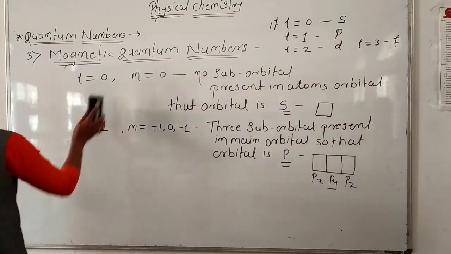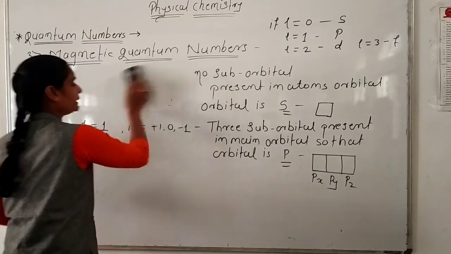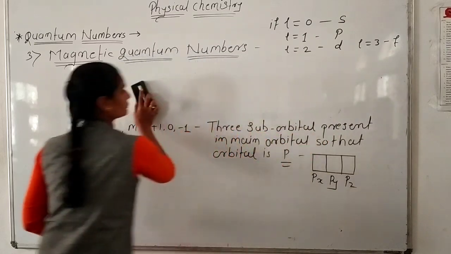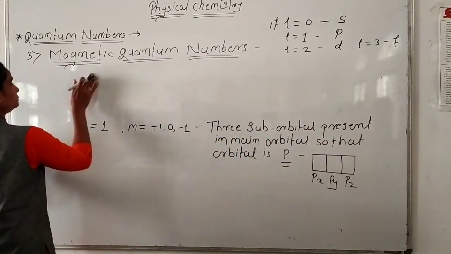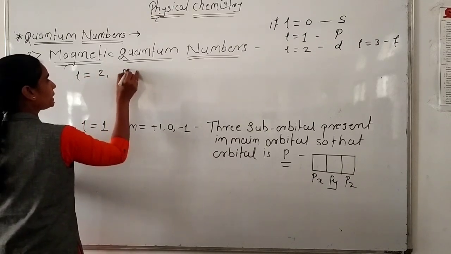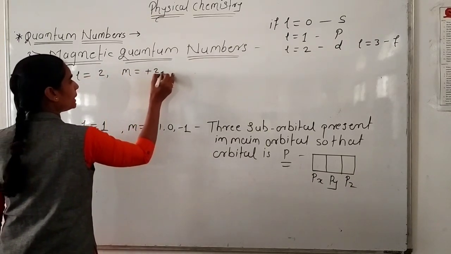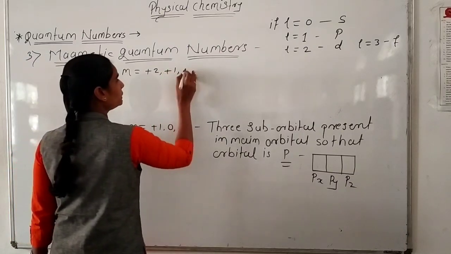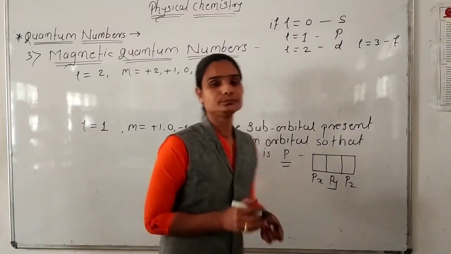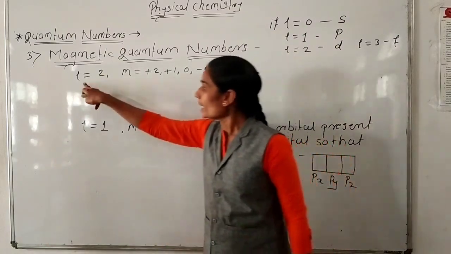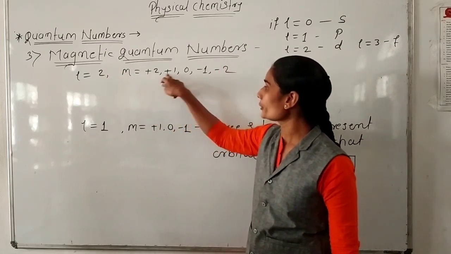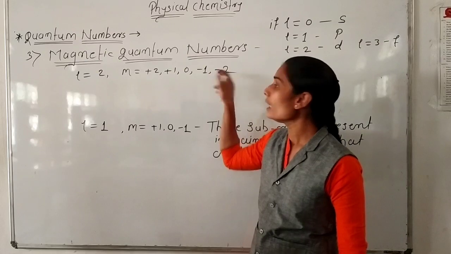magnetic quantum number. Now next, when L is equal to 2, at that time m is equal to +2, +1, 0, -1, -2.